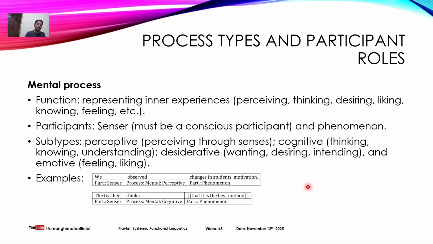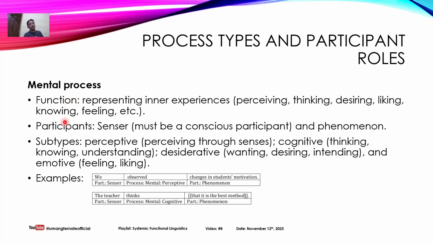And then the mental process. So the mental process functions to represent our inner experience, including what we perceive, what we think, desire, like, knowing, feeling, believe, and so on and so forth.